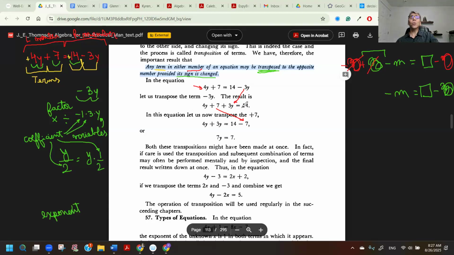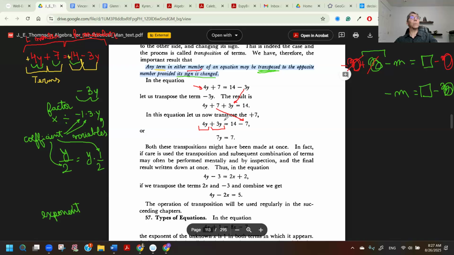All right. Why does it do this? Why do we transpose the minus 3y and the plus 7? Caleb? So that we can combine like terms. Exactly, yes. So now we have two terms, the plus 4y plus 7y, they are similar terms.